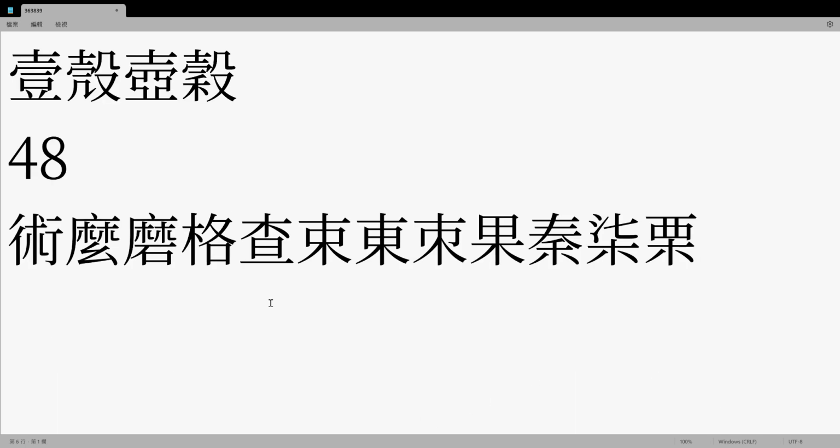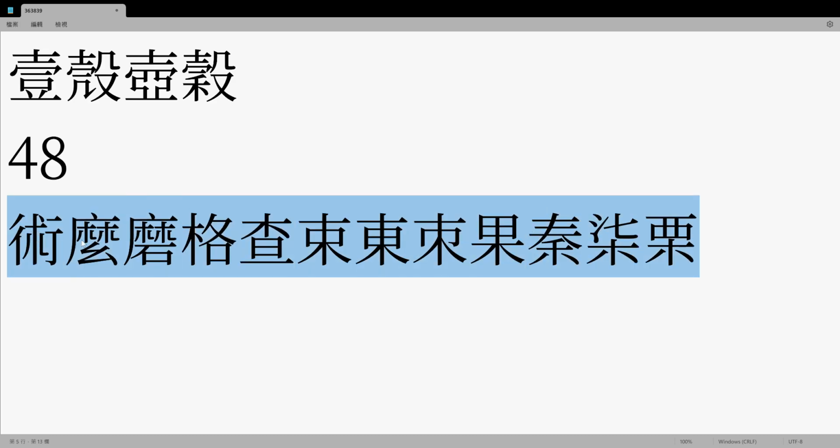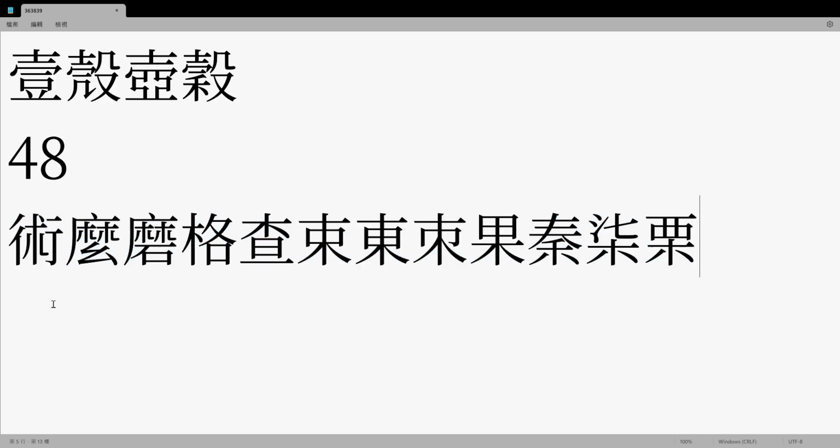Okay, continue. 4-8. As we know, 4 is cross and 8 is person and right falling, but in this case, they are all 2 dots. Like you can see here, 2 dots, 2 dots. These characters all have 4-8, introduced from the first one.